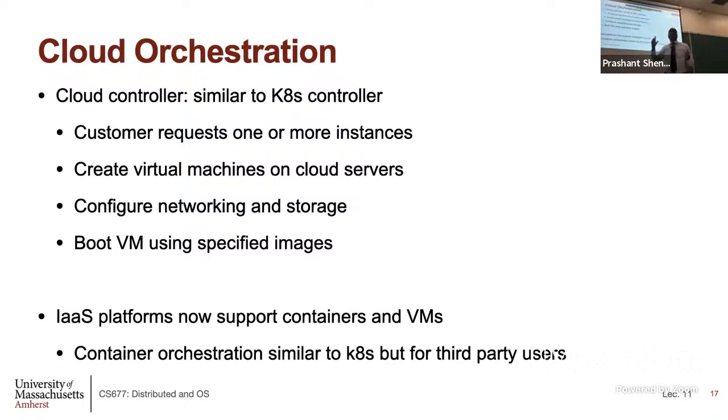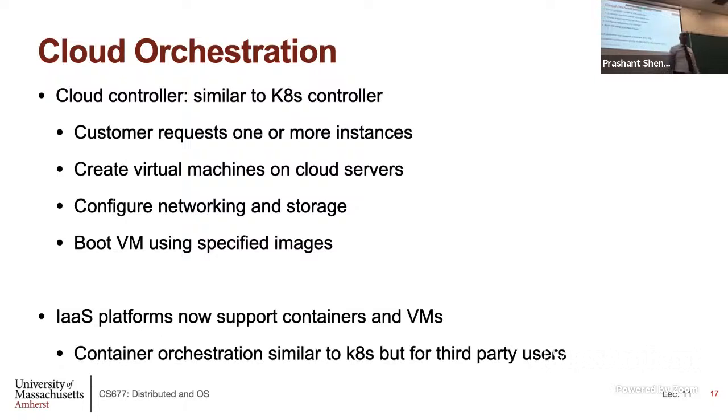So to do cloud orchestration, you essentially need a cloud controller. The cloud controller, or the control plane, as it is often called, makes the decision, whenever new requests come in, about which machine to put that VM on, how to slice that machine across multiple customers, how to configure the networking, how to boot that VM using a specified operating system.